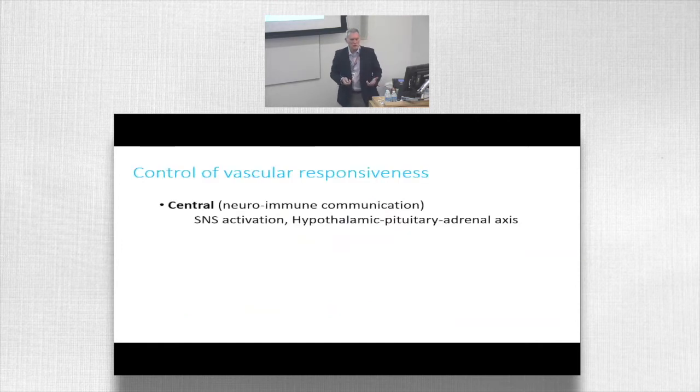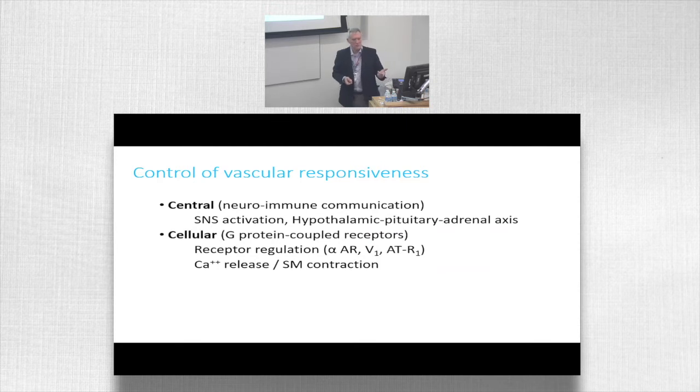And it's under control of some pretty important systems that we impact. Centrally, under the neuroimmune, some sort of neurohumoral communication through CNS activation and the hypothalamic pituitary adrenal axis. At a cellular level, through coupling of G proteins, and that's where the receptor active regulation comes in, adrenergic, vasopressin, and angiotensin, and really the release of intracellular calcium, modifying and controlling smooth muscle contraction within the endothelium.